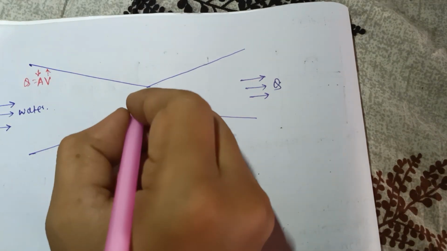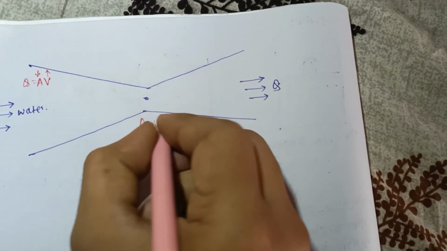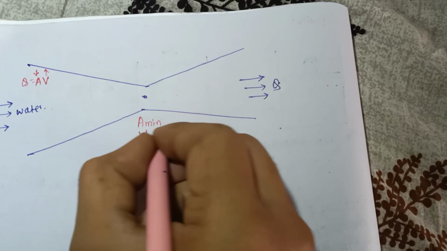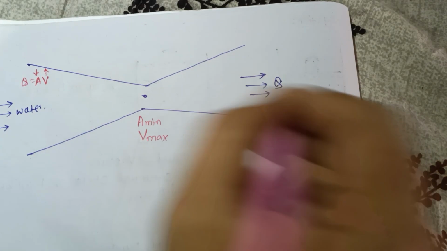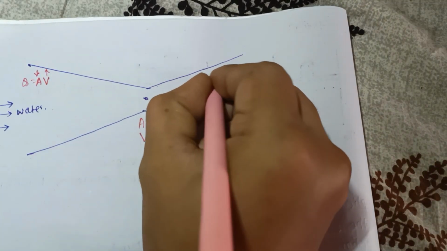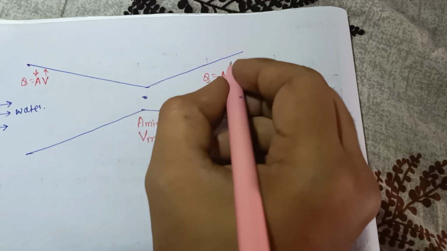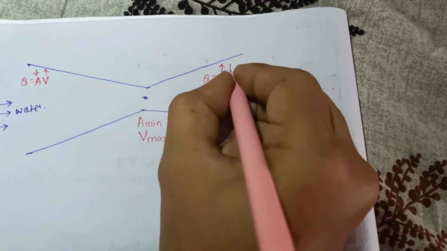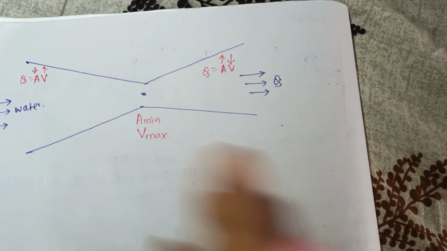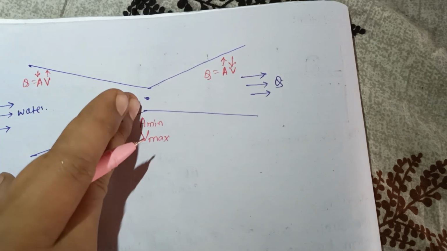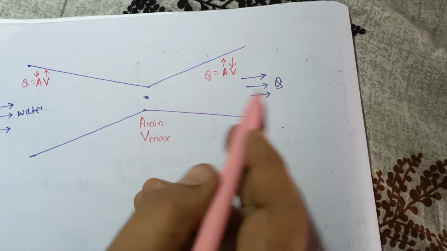So here in this zone, the area is the minimum, so velocity will be maximum. As the area increases, the velocity will decrease. So here the velocity increases, here the velocity is maximum, and then velocity decreases with respect to this length.